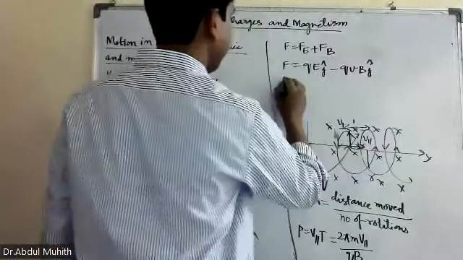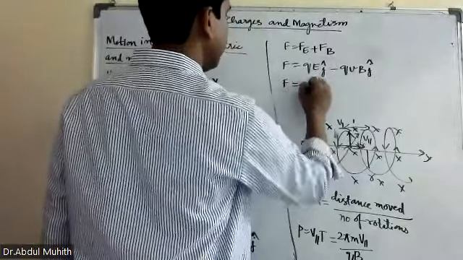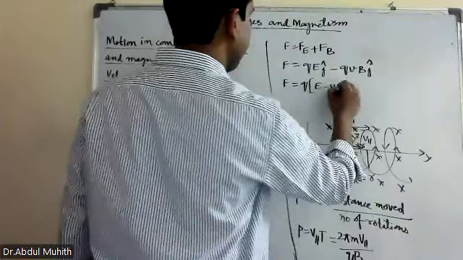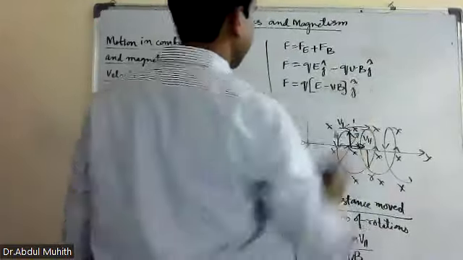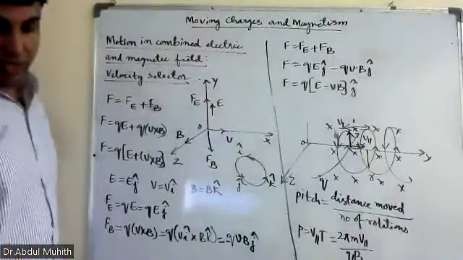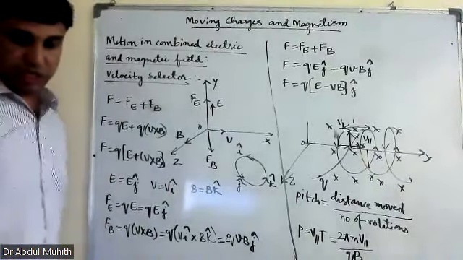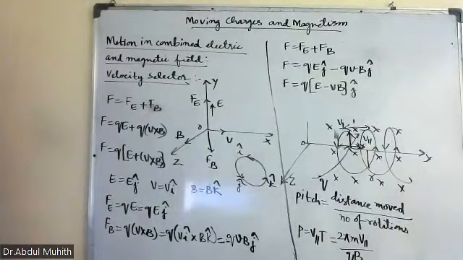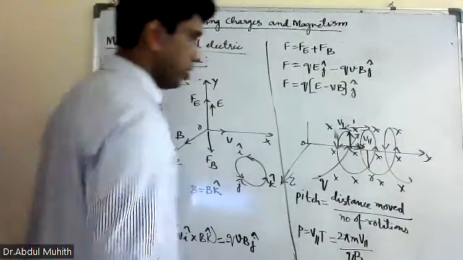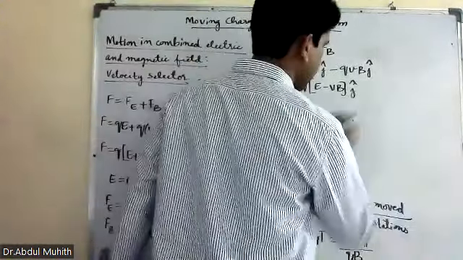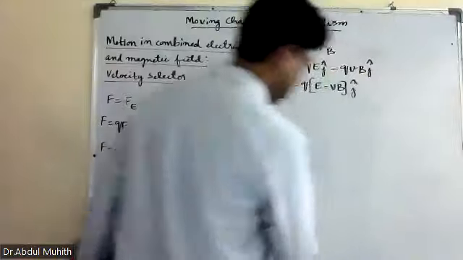Therefore F is equal to Q into (E minus V B) j cap. Suppose the total force on the charge is 0. Then the charge will move in the field undeflected. When both the forces are equal, the charge is undeflected, so it will go straight.